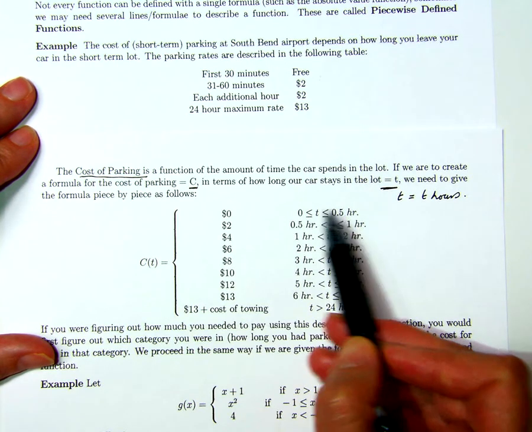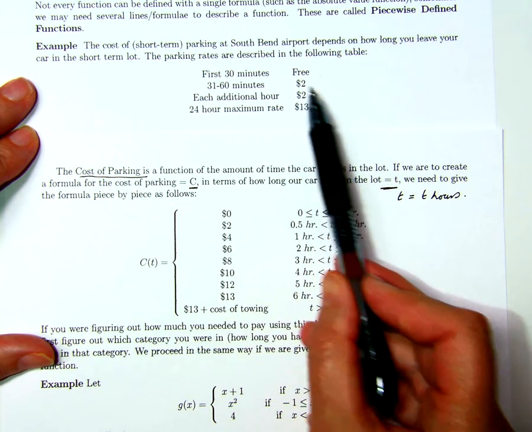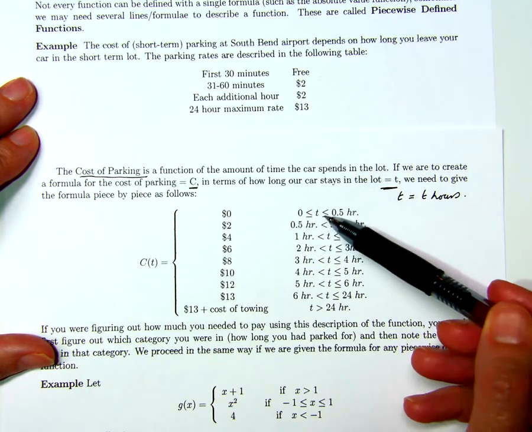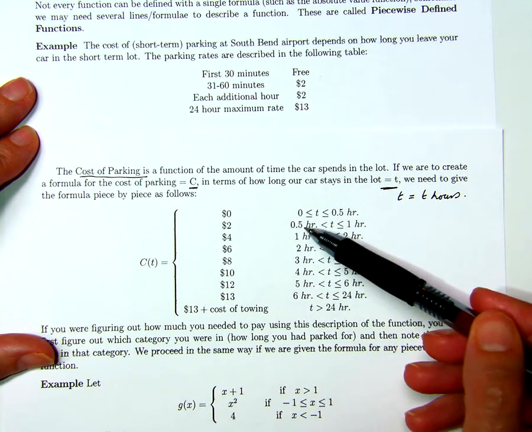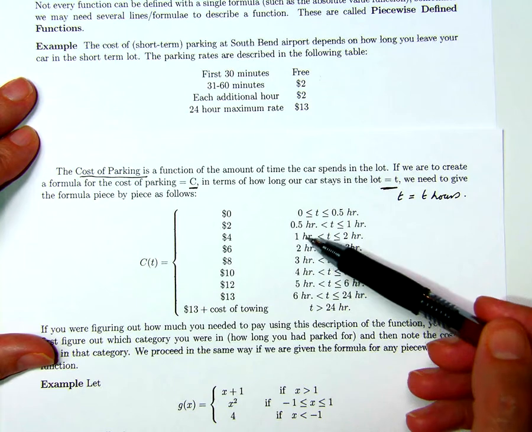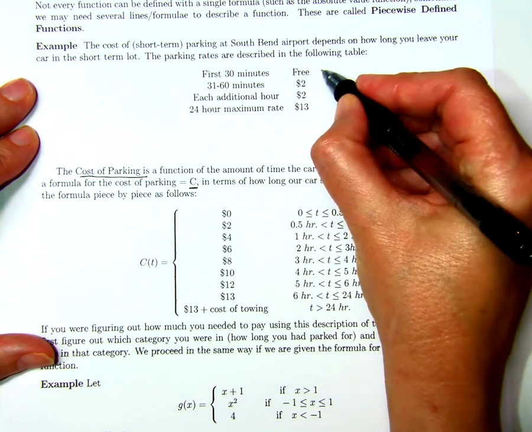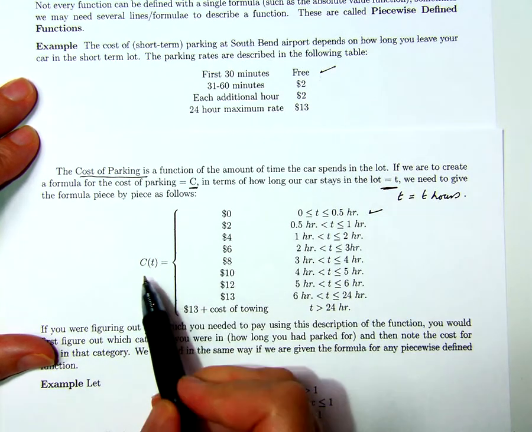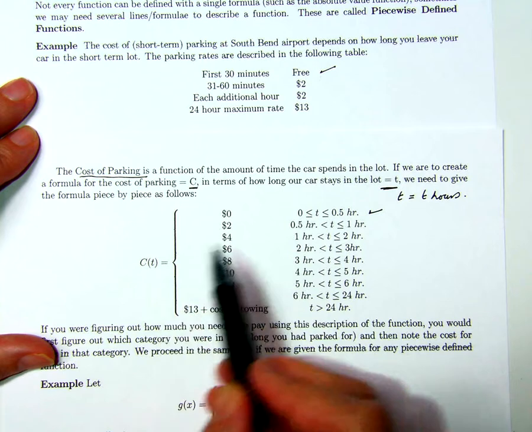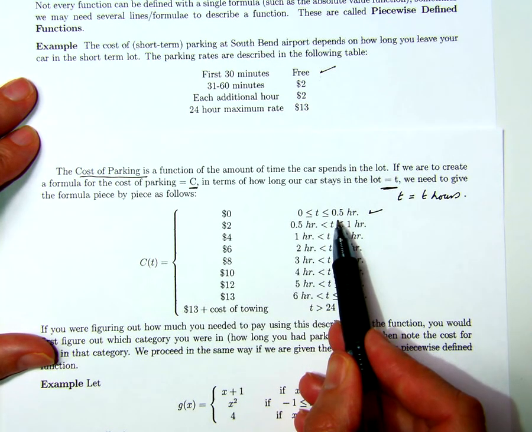So just like it was complicated to describe what's going on, required several lines, the description of this function is also complicated and requires several formulas and several lines of explanation. So this pretty much takes care of this statement, that C of T, the cost of parking my car for T hours, is 0 if T is between 0 and half an hour.